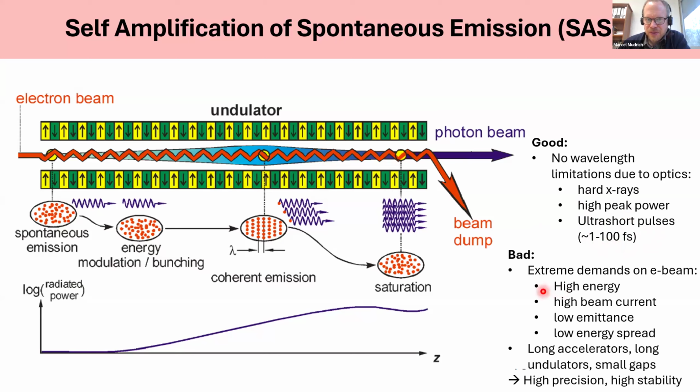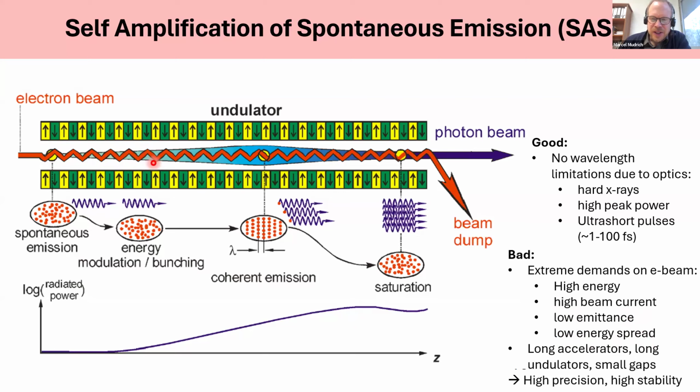But to reach SASE operation, we have extreme demands on the electron beam, meaning that the electrons have to be accelerated to very high energy. We need a high beam current, low emittance, and also low energy spread for this to work. The reason is that we need this very intense undulator radiation in the first place to achieve the regime of back-coupling of the undulator radiation with the electron bunches.